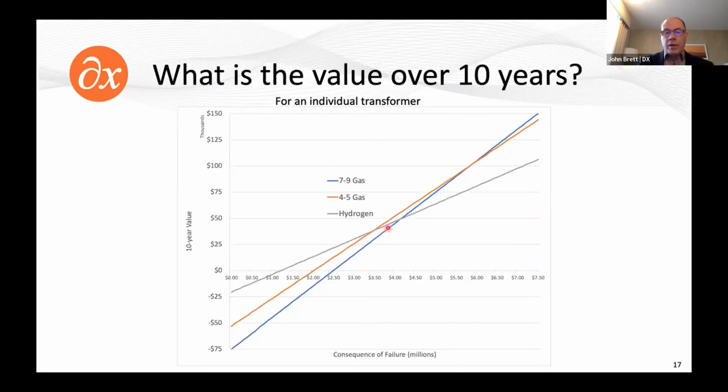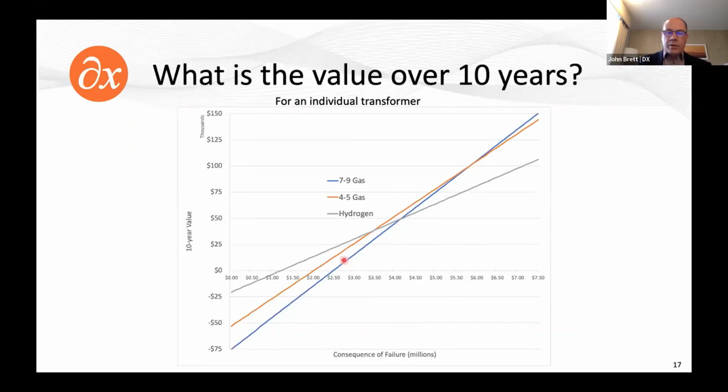Okay, and that's what you want to track to. Up here, when you're around $5 or $6 million in consequence of failure, that's where a 7 to 9 gas multi-gas monitor makes a lot more sense.